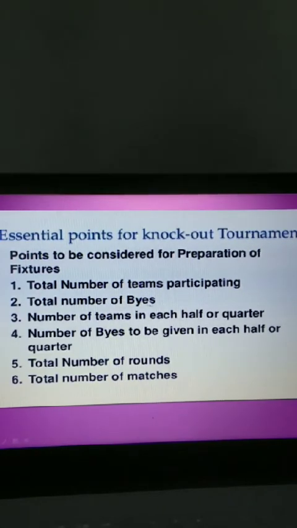Total number of byes, which we will calculate from the total number of participating teams. Number of teams in each half or quarter. Number of byes to be given in each half or quarter.